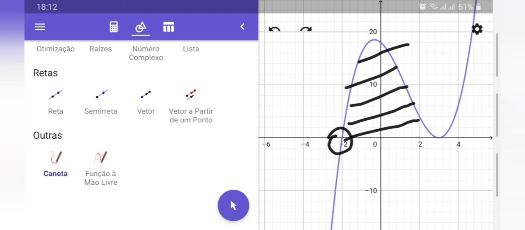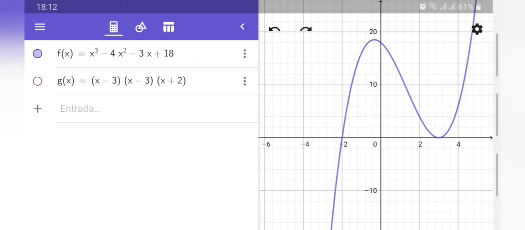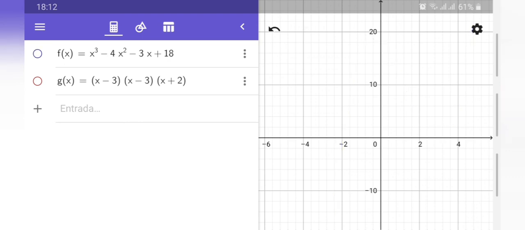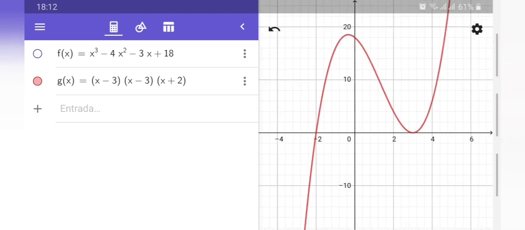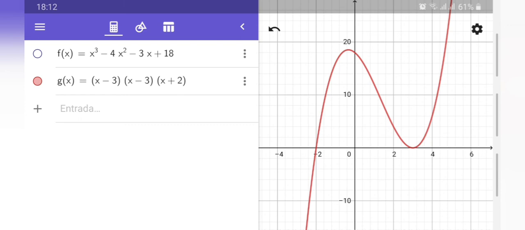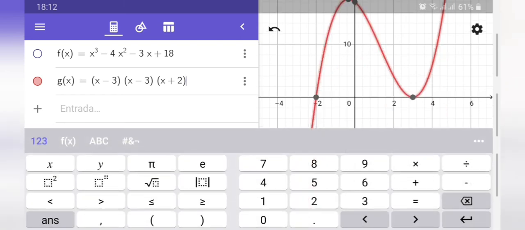Another thing I want to say: look over here at this g of x. You see that it is f of x. Now you see that I wrote it the way I just told you about the roots.